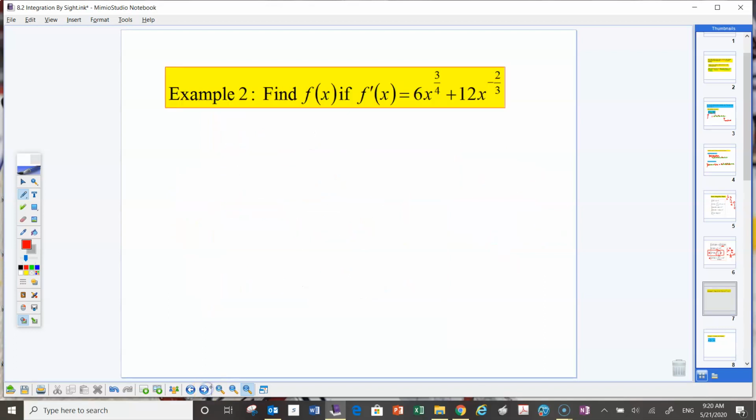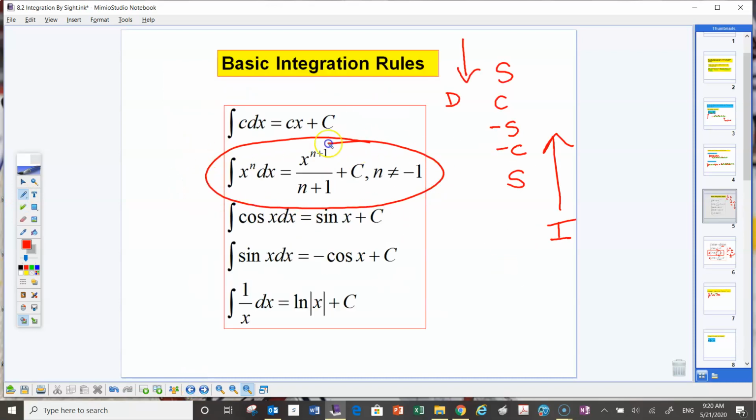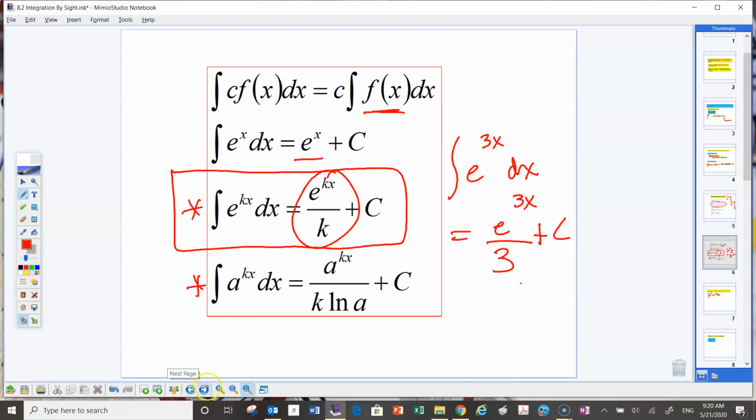Okay, let's take a look at some more examples. So we're asked to find the antiderivative of 6x to the 3/4 plus 12x to the -2/3, integrating with respect to x. Well, again, neither of these exponents is -1. So I'm just going to be using this basic rule right here, which says I add 1 to the exponent and divide by the new exponent.